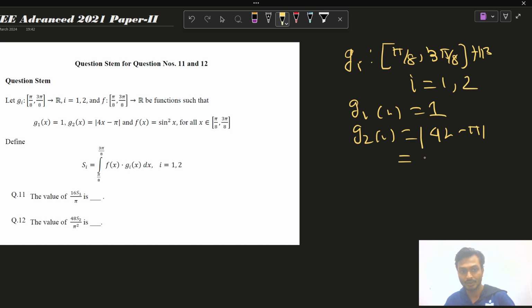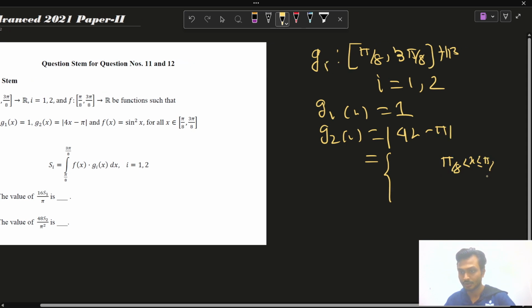This function can be written in two parts. When pi by 8 is less than x, less than or equal to pi by 4, then what will happen?